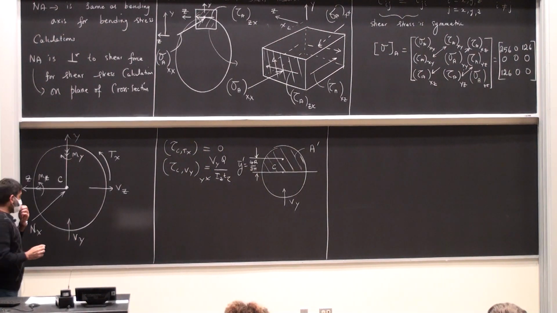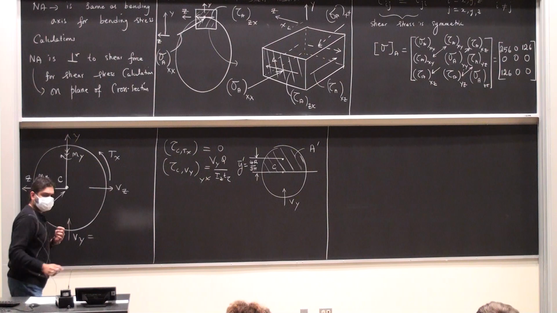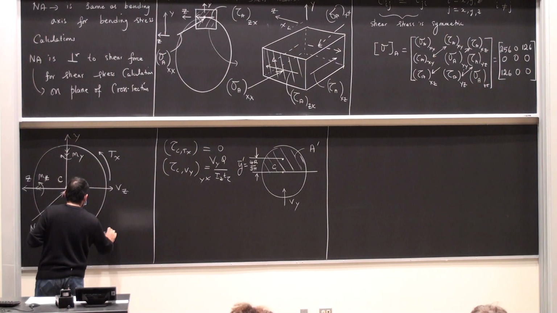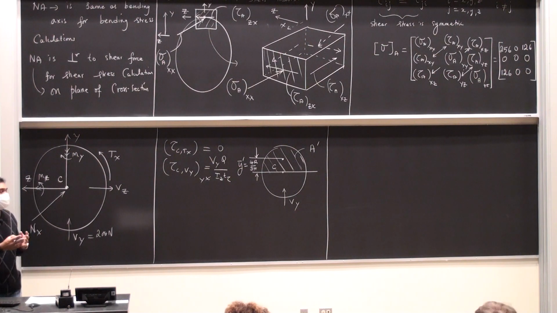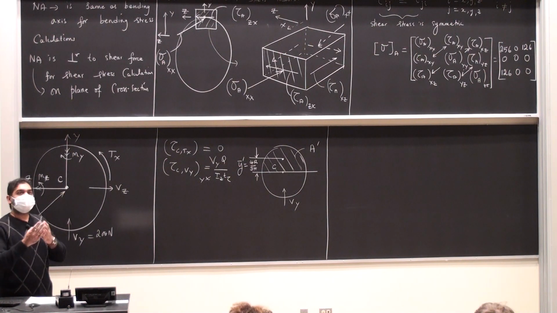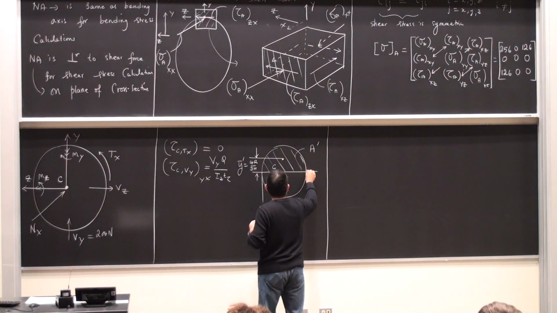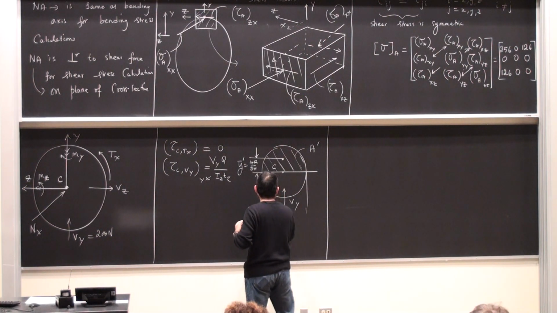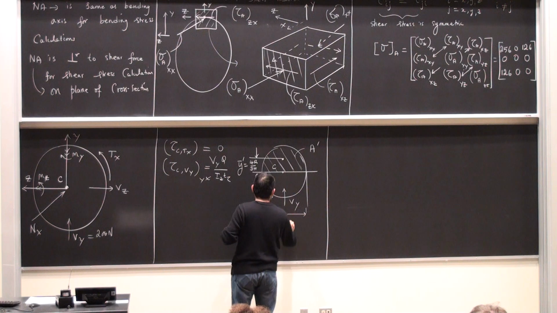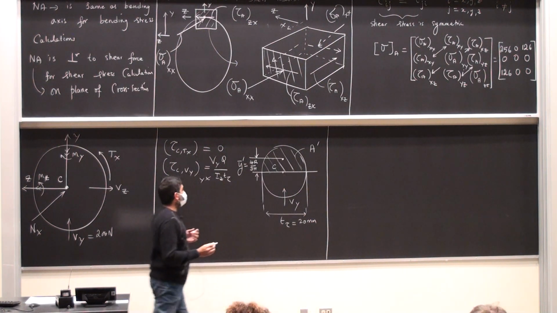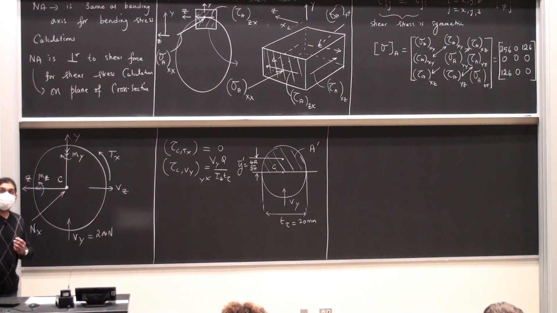Vy is known to me. This was around 200 newtons. Please substitute the values. T is 20, so all of this distance is T. If I perform the substitution, this is what I'm going to end up getting.